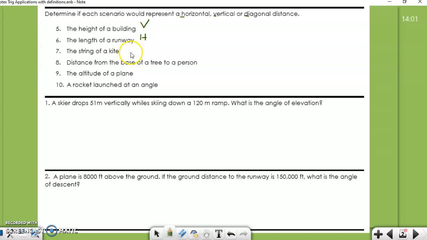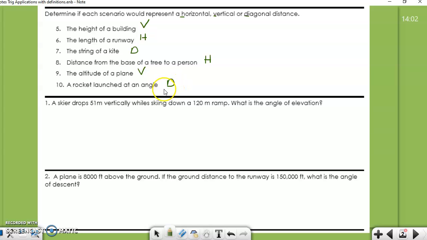The string of a kite from a person up to the kite, that's our diagonal. Distance from the base of a tree to a person, base of a pole to a person, base of a building to a person, base of the ladder to a person, all of those things are horizontal. Altitude of a plane is from the ground to where you are, so that's a vertical. And a rocket launched at an angle is a diagonal.